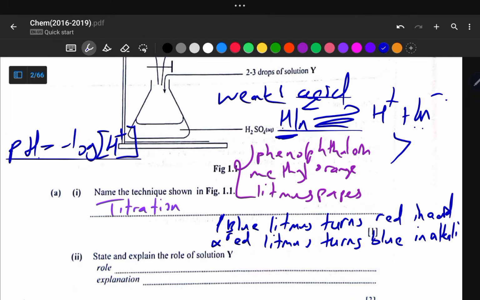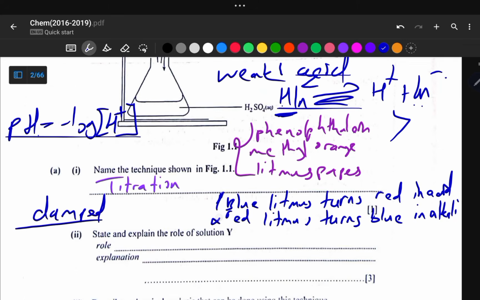So you should be able to explain why the litmus paper is first damped. So it is said damp litmus paper, right? You should be able to explain why the litmus paper is made moist when carrying out the analysis. The litmus paper is made moist so that it can dissolve the gases.